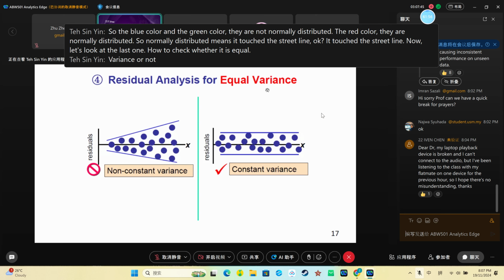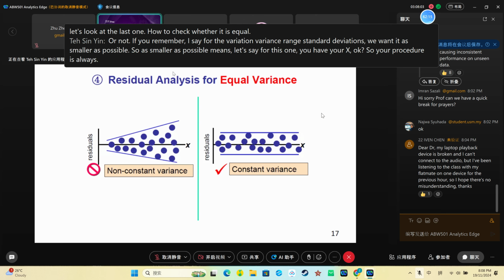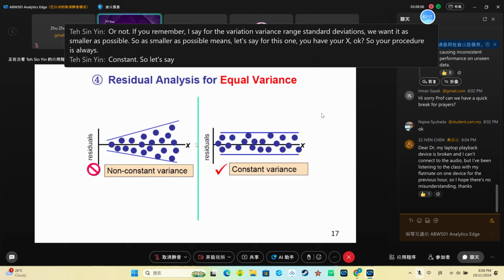If you remember, I said for the variation, variance, range, standard deviations, we want it as small as possible. As small as possible means, let's say for this one, you have your x, okay? So your residual is always constant. Let's say this value is my residual.